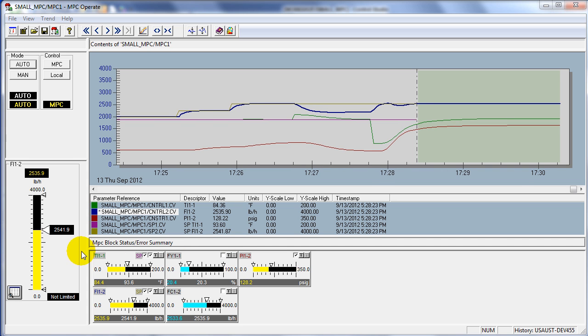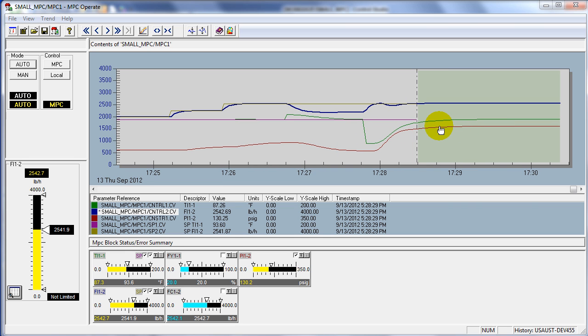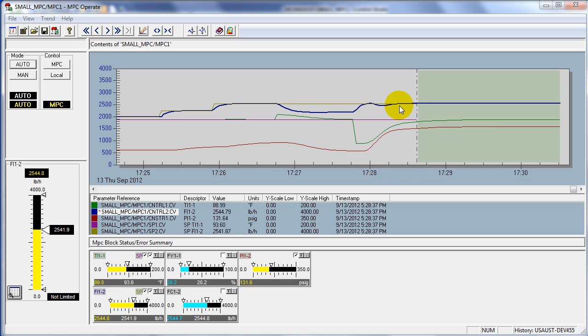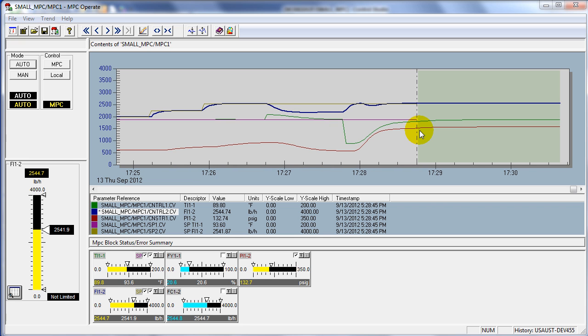As we saw the throughput come back up, we noticed that our pressure is now at a higher value. We're still within the constraint that's noted in the little faceplate for the pressure by the arrow. So we're still below the pressure constraint, but we're getting pretty close to it at this particular throughput of the unit.